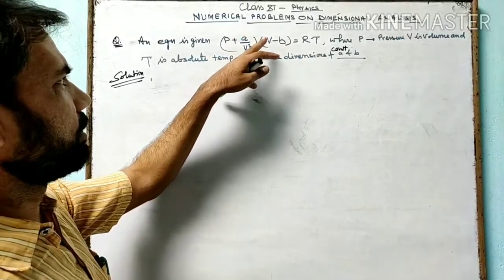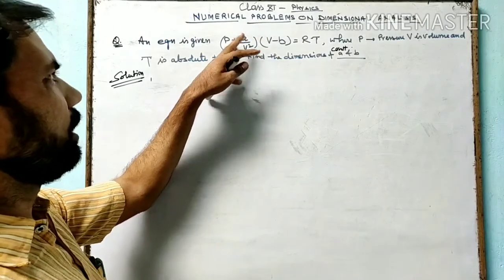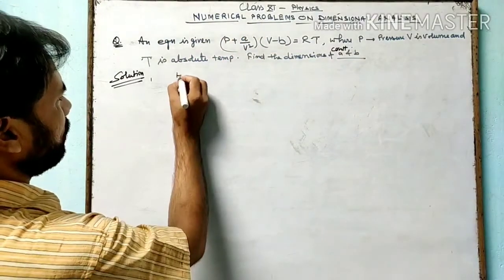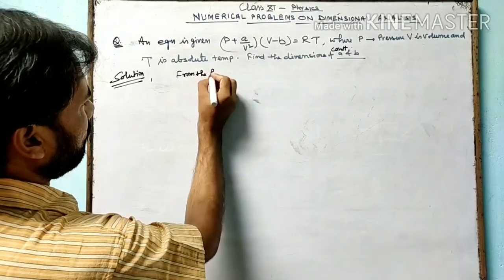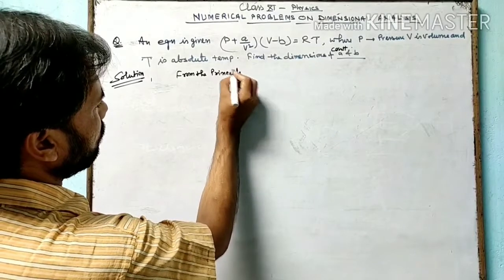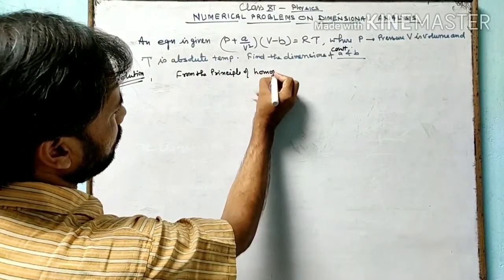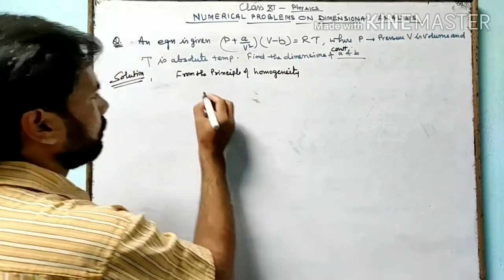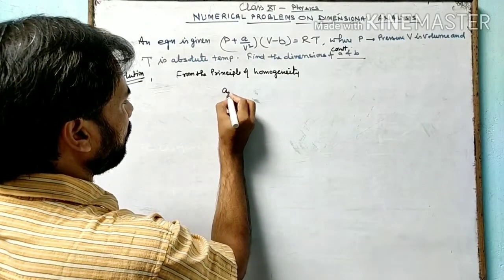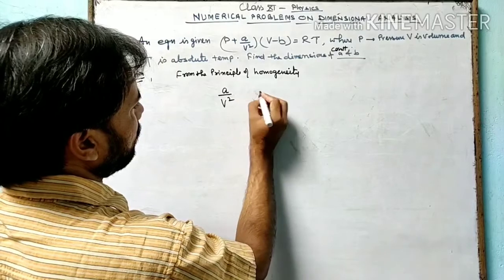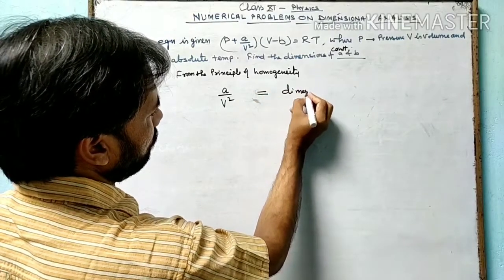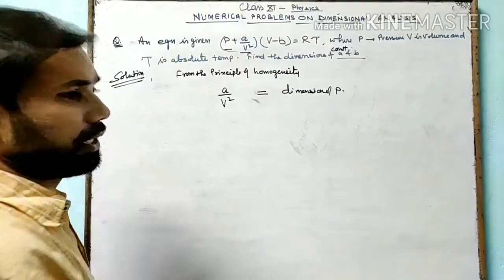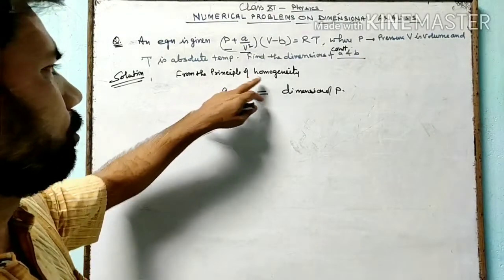The term A upon V square which is added with pressure must be of the same nature as pressure, because from the principle of homogeneity, the dimension of A upon V square is equal to the dimension of P, because like quantities can be added or subtracted according to the principle of homogeneity.